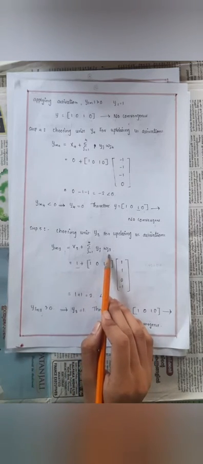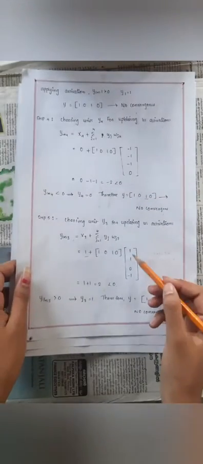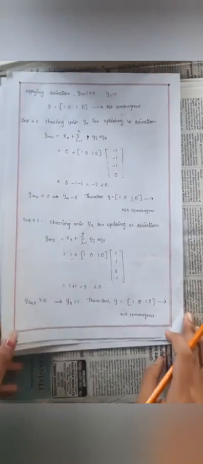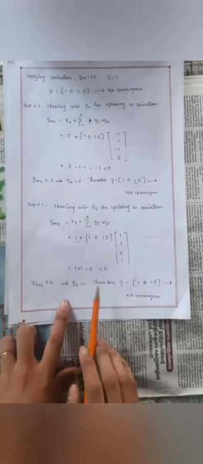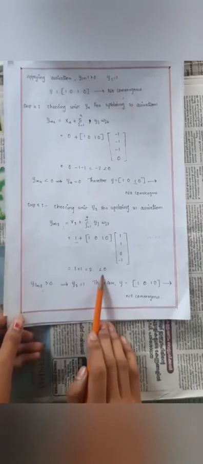And what is wj3? Wj3 is the third column of the weight matrix. So we write it as 1 1 0 minus 1. Then when we calculate this, we get 2. So 2 is greater than 0. So what is the value of y3?